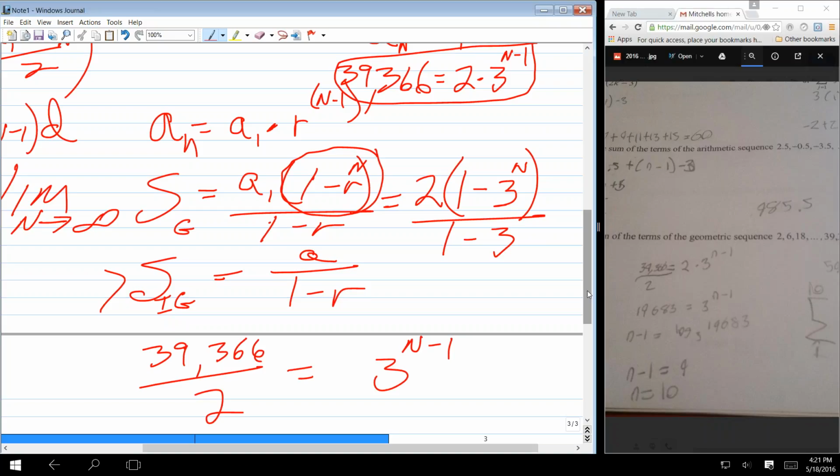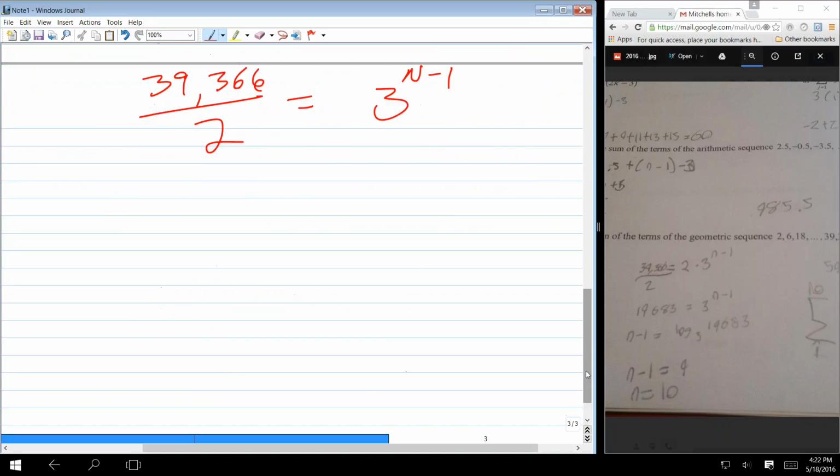Now what? And then would you just take the log of both sides? Yeah, when your variable is in the exponent, the solution always requires logarithms.